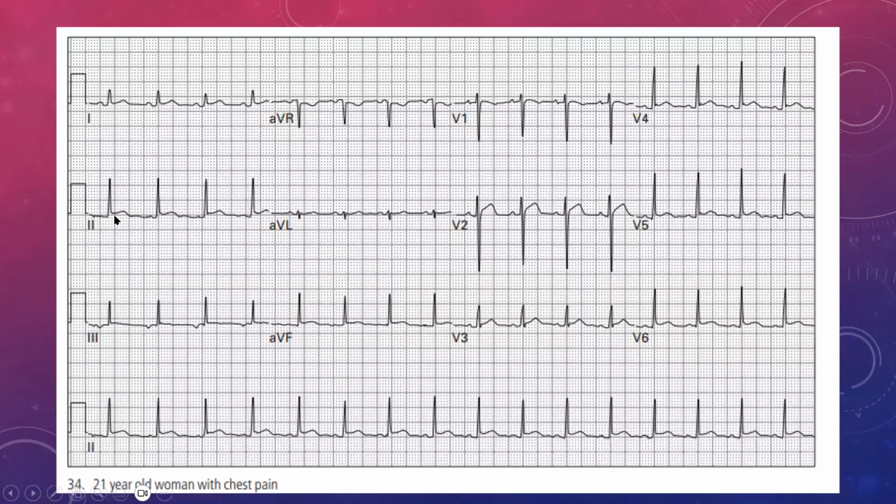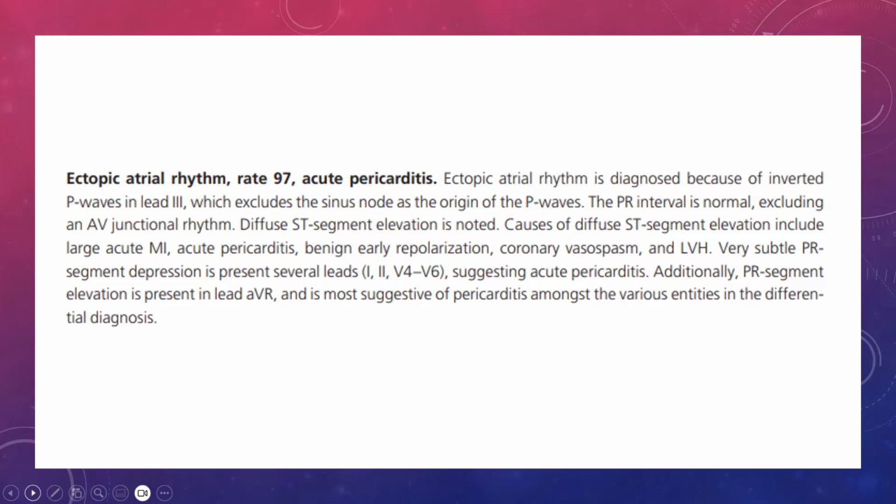So as I said, if you look at leads 2, V4 and V6, it's a difficult thing to make out, but yes, there is a bit of PR segment depression, but it's very easy to see here in lead AVR. Now, will that happen in every case of pericarditis? No. It does happen very commonly in bacterial pericarditis, but in viral pericarditis, constrictive pericarditis, and autoimmune pericarditis, it doesn't necessarily happen.